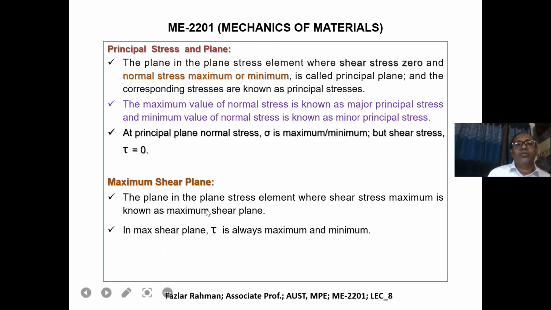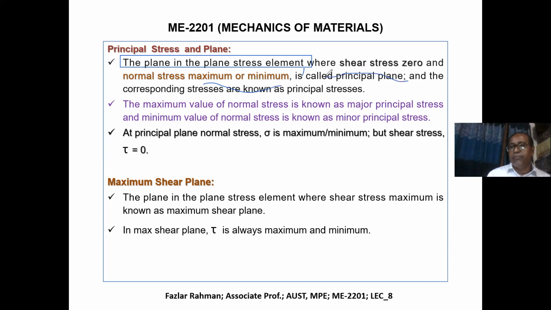Okay, so what is the principal stress and principal plane? Sometimes we put this as a short question in the exam. The plane in the plane stress element where shear stress is 0 and normal stress is maximum or minimum is called the principal plane.